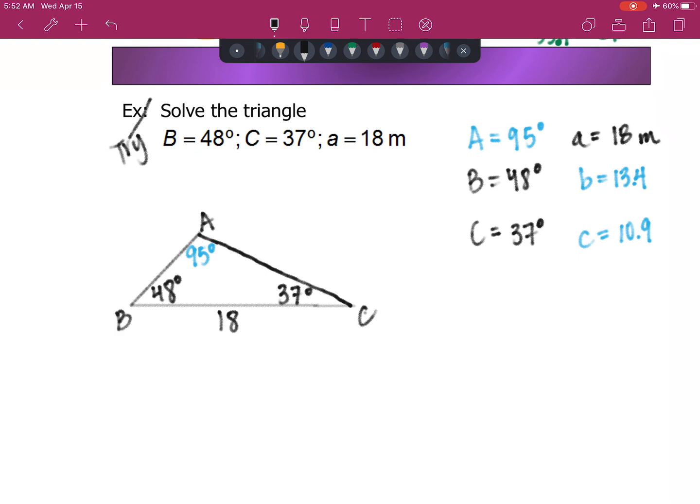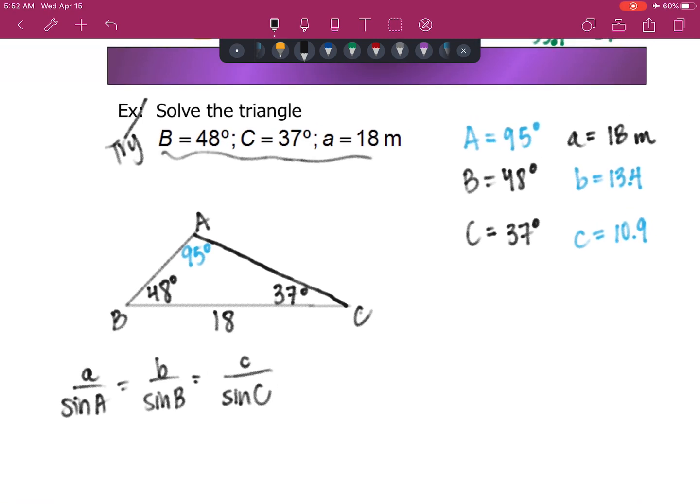And now I'm going to set up my proportions. You can set up your proportions using a over sine of A equals b over sine of B equals c over sine of C. And then you can look at the given information. Here's your given information, and you can start writing it down.